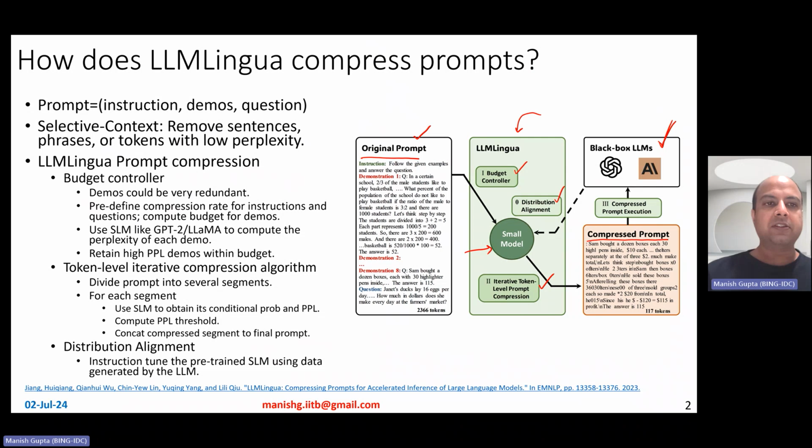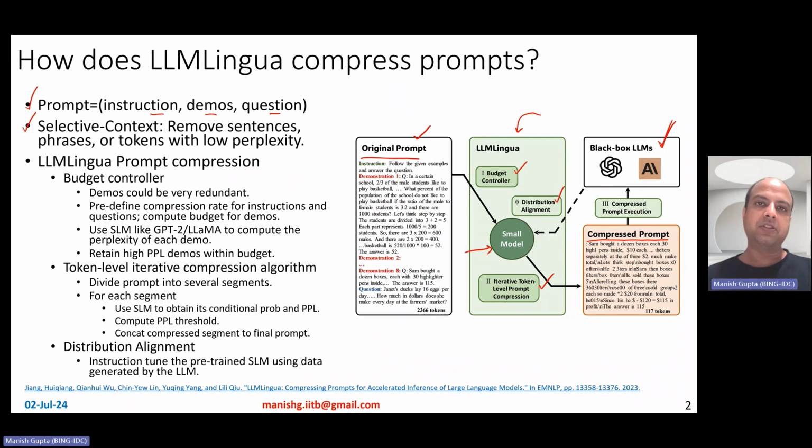So, in general, a prompt to a large language model comprises three things: instruction, a few short demonstration examples, and the question, the main question, right? Now, a simple way of compressing these prompts is called selective context. The idea is that a prompt contains many sentences or tokens or phrases, whichever unit you want to consider.